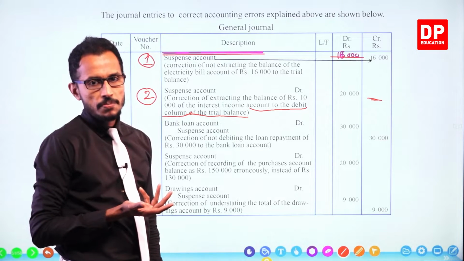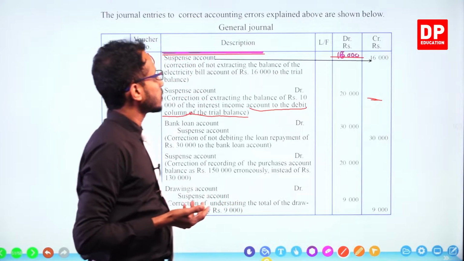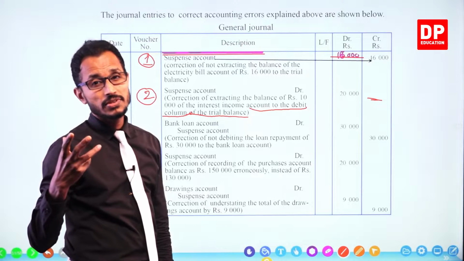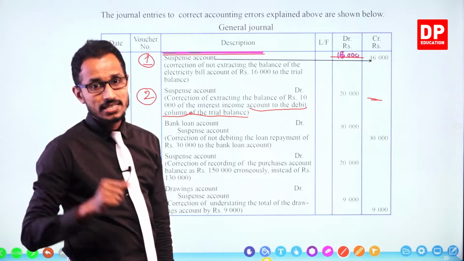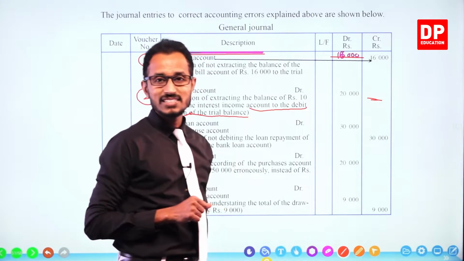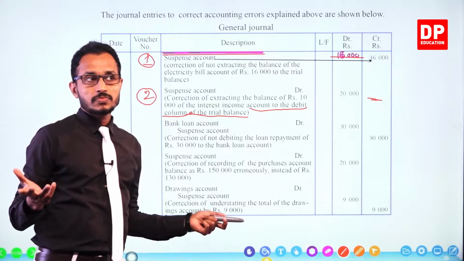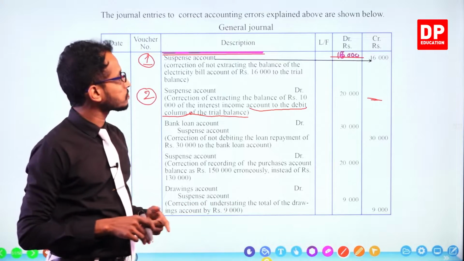It's not wrong, but the tradition is not mentioning the trial balance entry when we correct them. That is why it is a little bit confusing for some children.